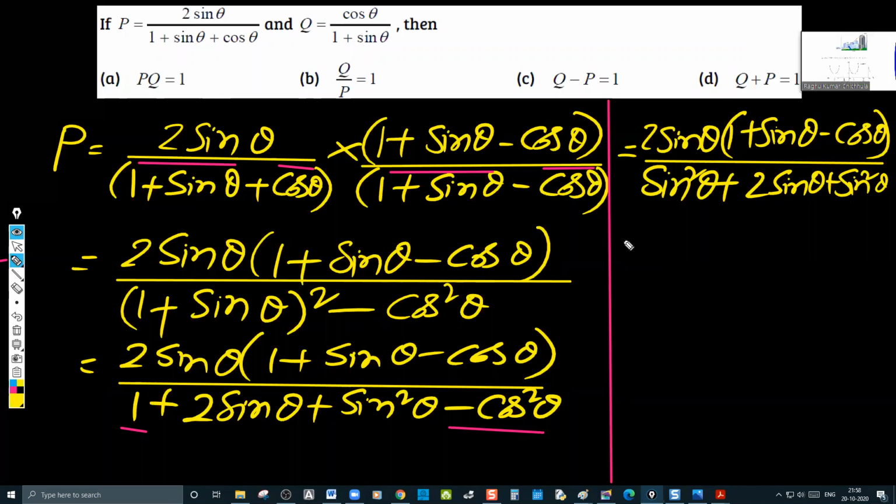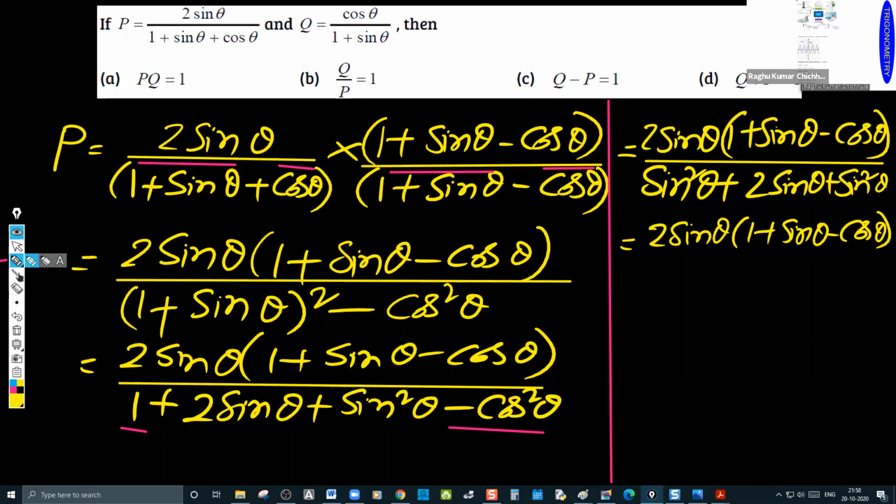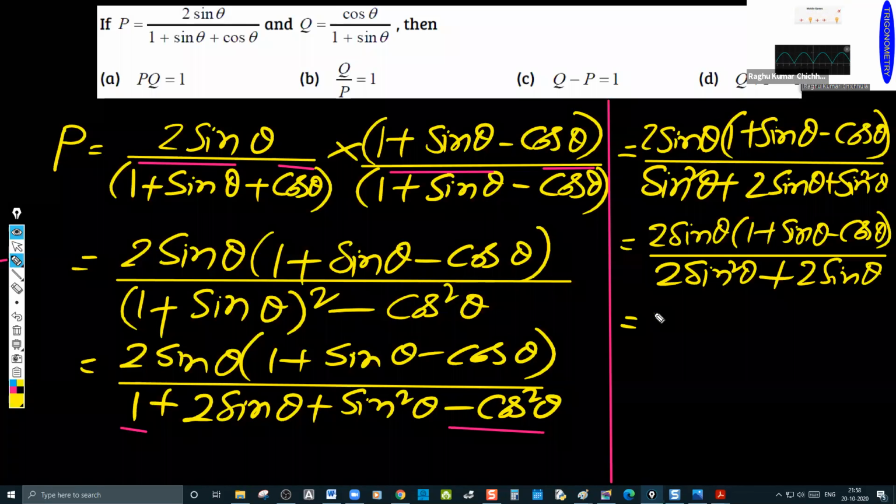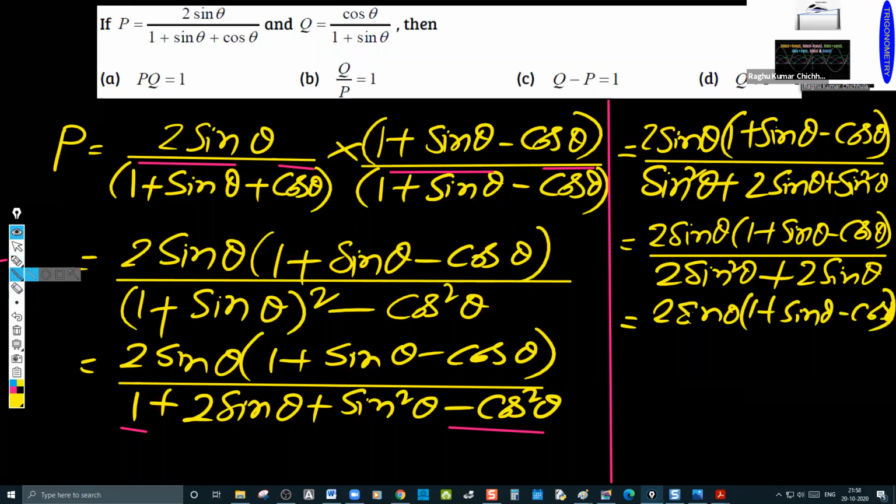Yes, sir. This becomes 2 sin theta into 1 plus sin theta minus cos theta whole divided by 2 sin square theta plus 2 sin theta. This is sin square theta plus sin square theta. What will it be now?